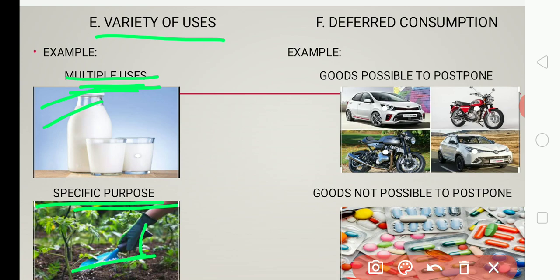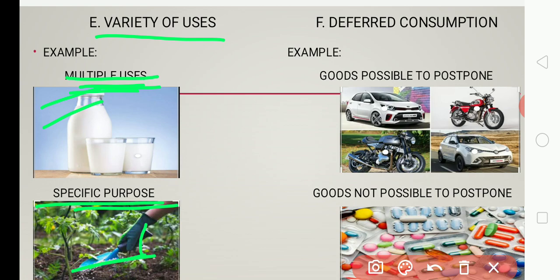Apart from using it for growing the plants, can fertilizer be used for some other purposes? No. For example, seeds. Seed is one commodity. What can we do with the seed? Only to plant. To grow the plants we need the seeds. For example, eatables, other than eating purpose, what else can we do with it?